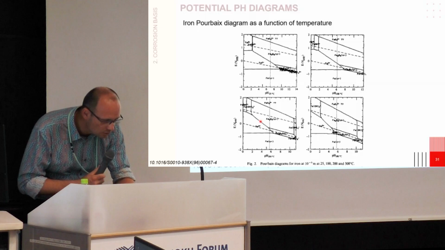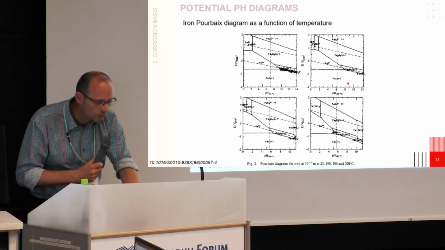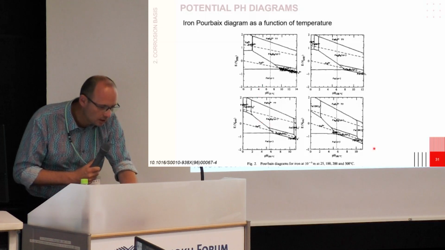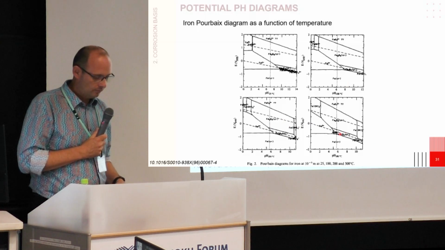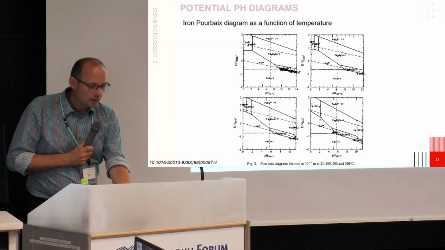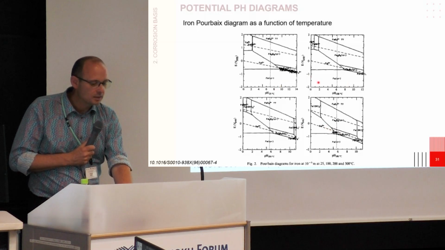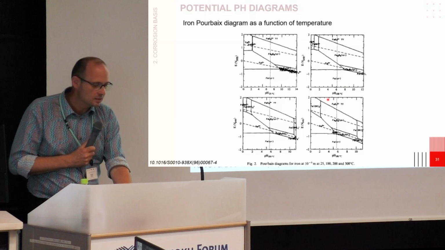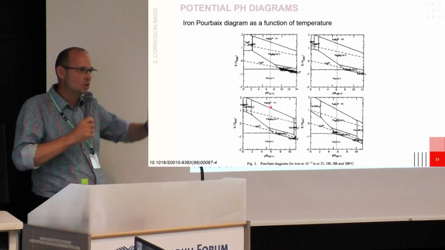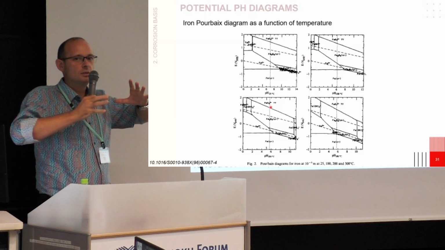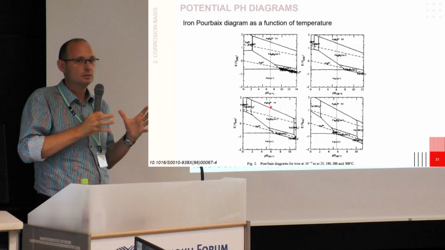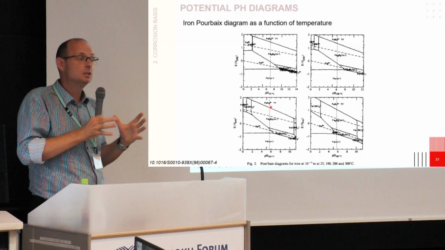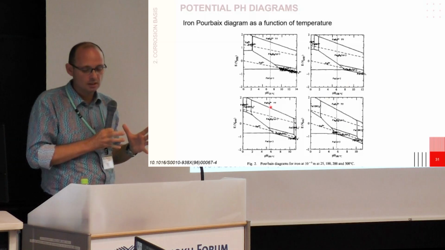The temperature is quite high here. It's 25 degrees, 100 degrees, 200 degrees, and 300 degrees. You can see that by changing the temperature, which is mostly why this graph exists, I'm changing the area of each domain. So I'm changing the stability properties of the species that I'm developing.